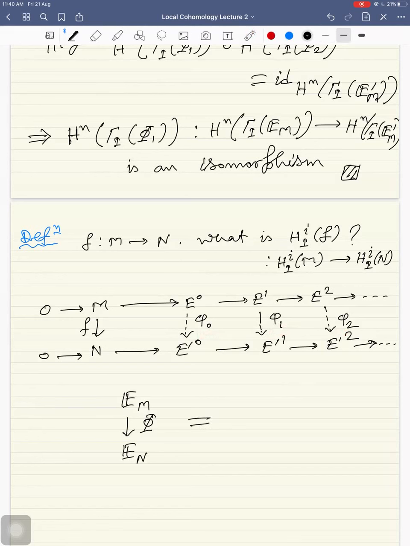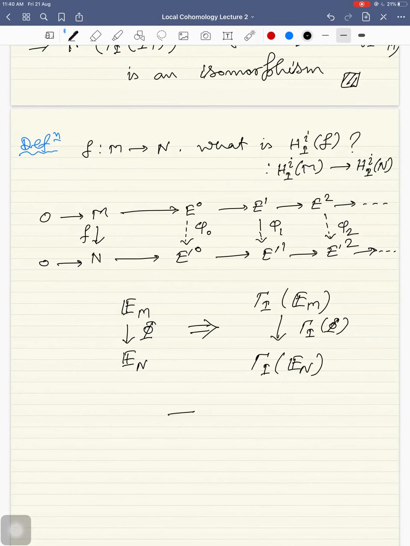And then you just apply your I-torsion functor. After applying that I-torsion functor, again you will get a quotient map. And that quotient map will induce morphisms on the cohomology level.